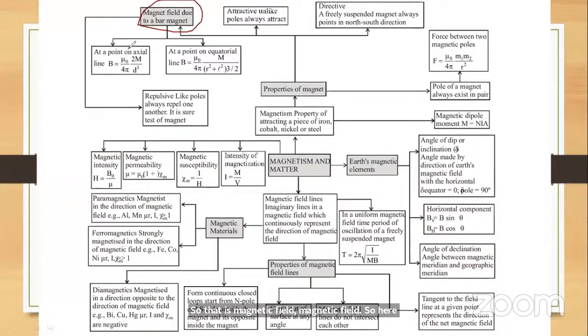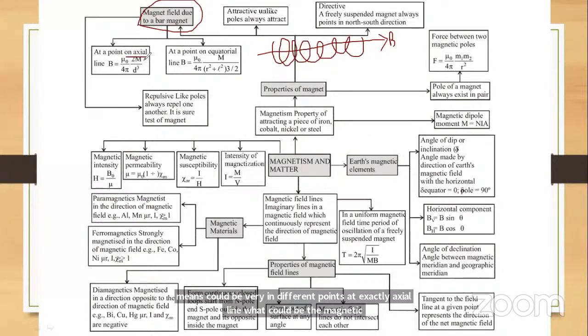If I consider a coil through which a current is flowing, this coil will possess a magnetic field at its center, and this magnetic field strength could vary at different points. At exactly the axial line, the magnetic field is mu naught by 4 pi, 2m by d cube. So this is exactly at the axial line.